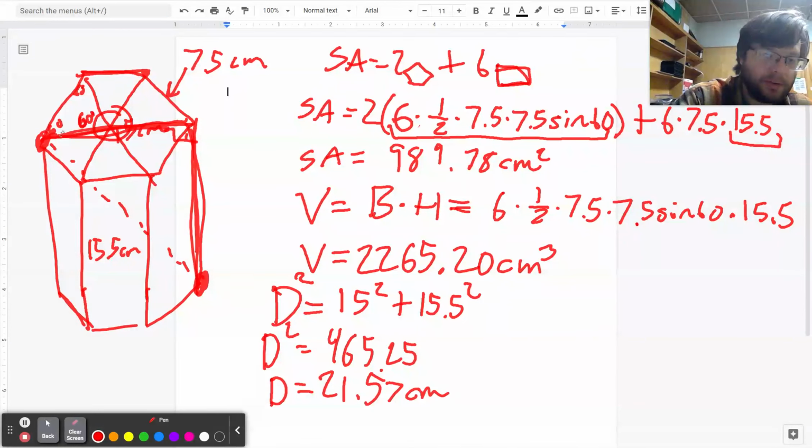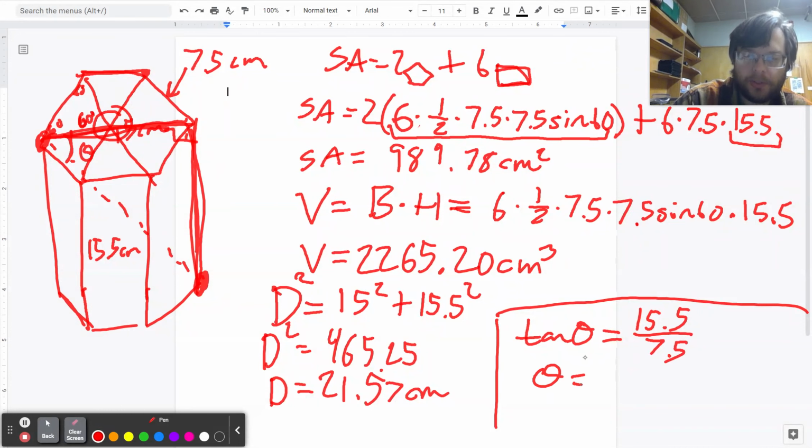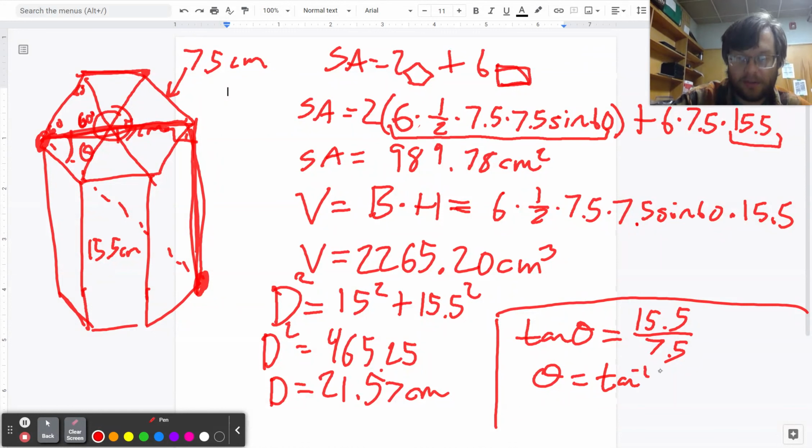And I guess just because this has all gone pretty easily, one other thing I could find is the angle that diagonal makes. So we call this angle theta over here. And so if I wanted to find the angle theta, I could use tangent. The tangent of angle theta is 15.5 over 7.5, which means angle theta is the inverse tangent of that. So what does that come out to be?